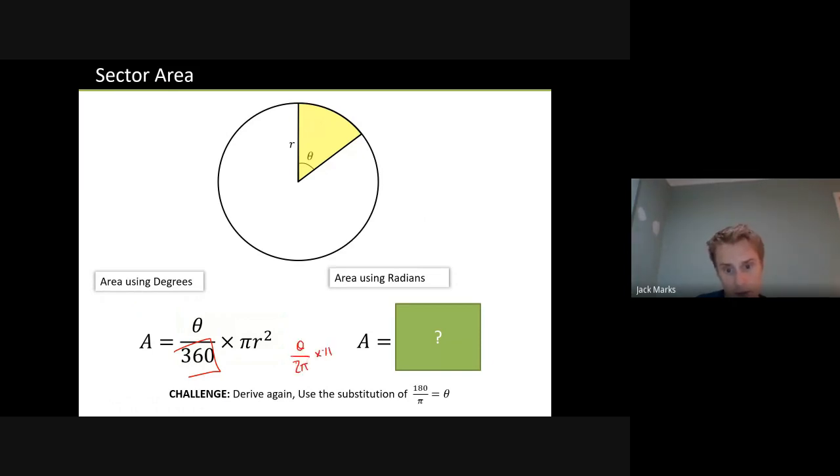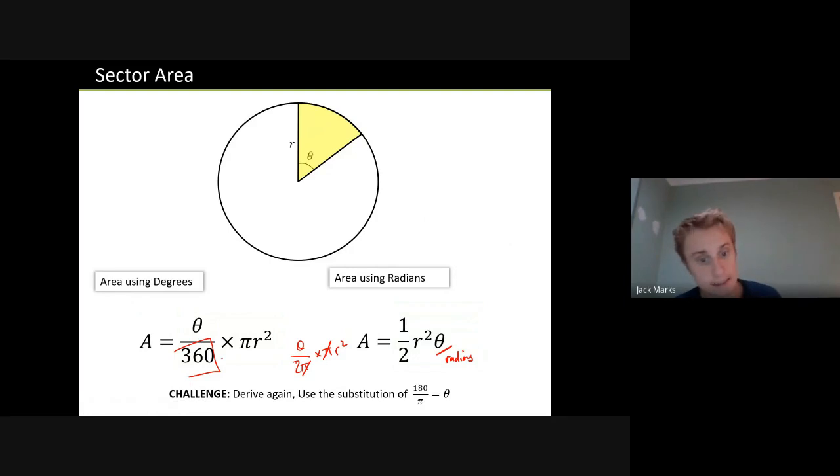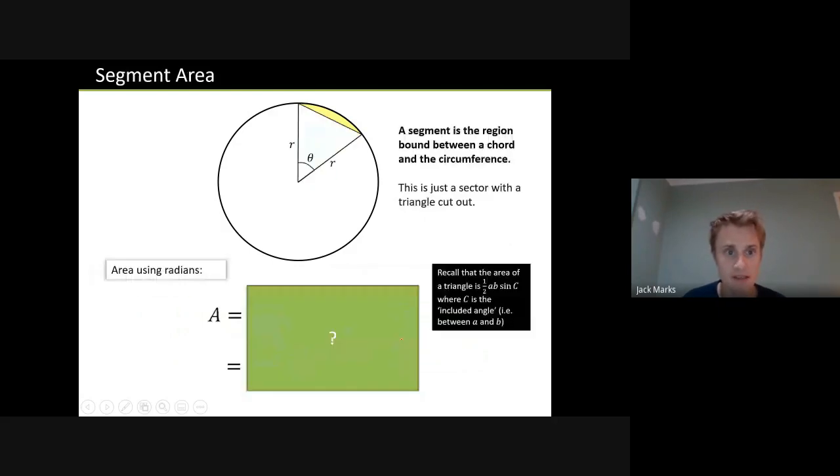And what would we be able to do? The pi's would cancel. And r squared theta over 2, typically we say half r squared theta, where theta is measured in radians again. Okay, so one more time, the formula is arguably a little bit easier in radians.